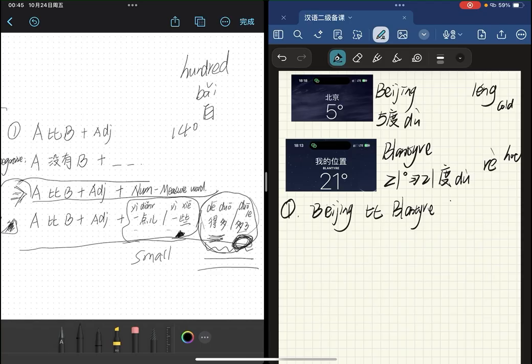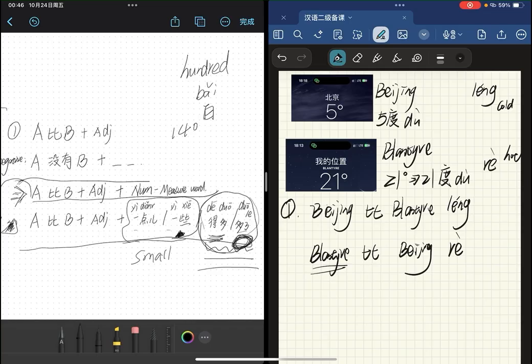The adjective I use is 冷. 北京比 Blantyre 冷. And Blantyre compared with Beijing is hot. Blantyre 比北京热.